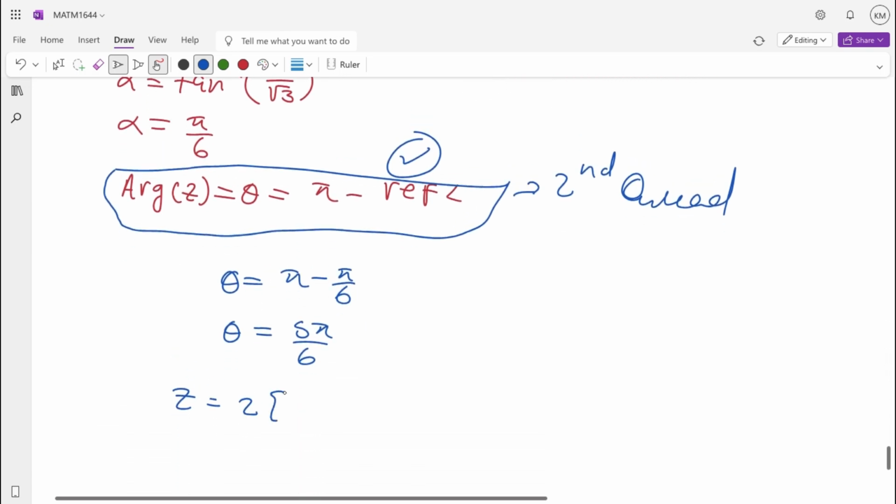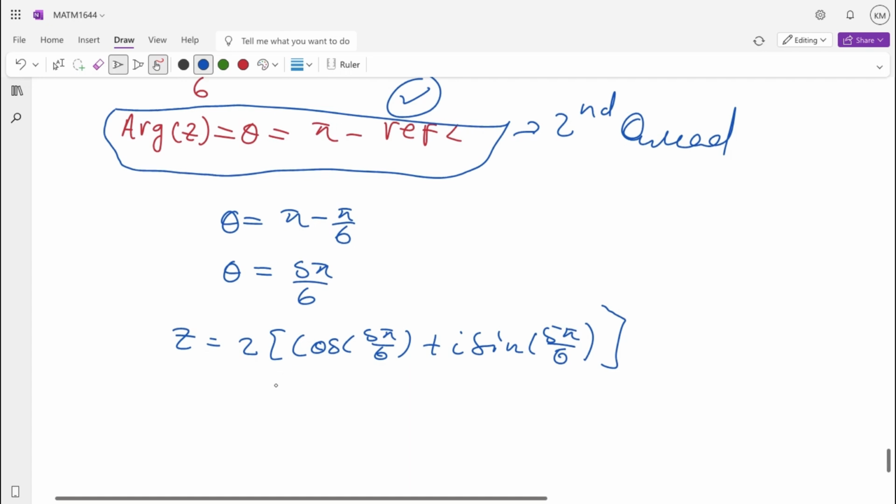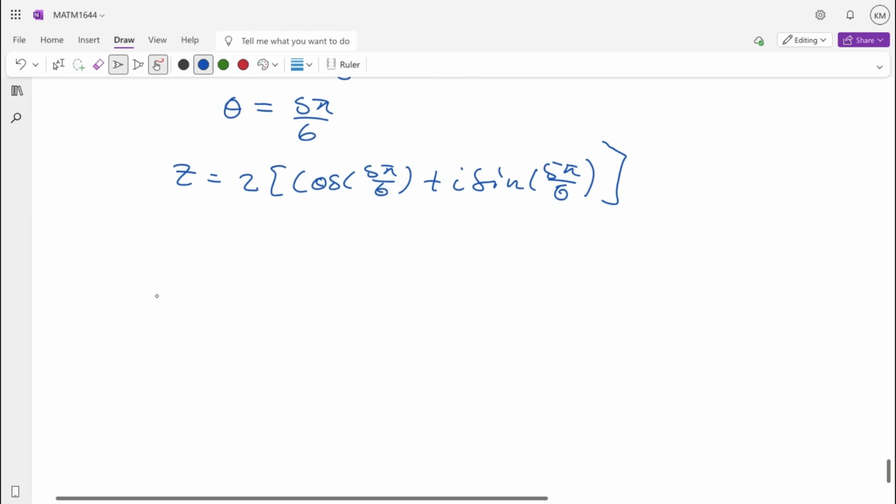So it's 2 into cos of 5 pi over 6 plus i sine of 5 pi over 6. Then you have transformed it into your polar form, just like that. So that is the basic idea.